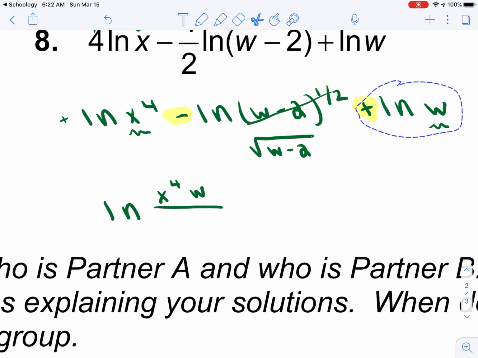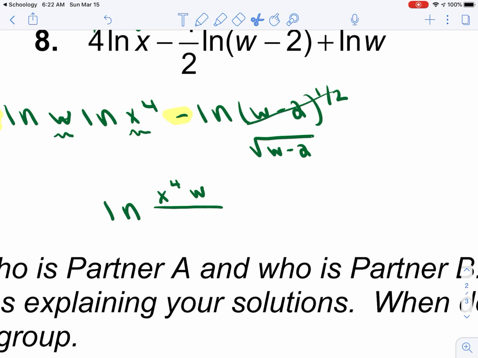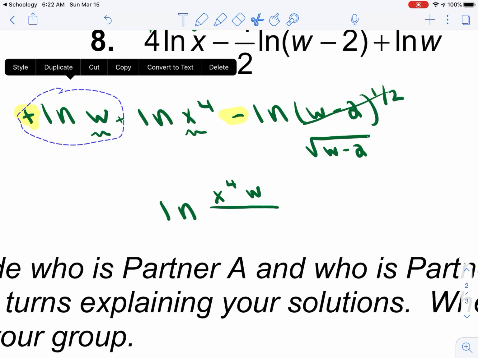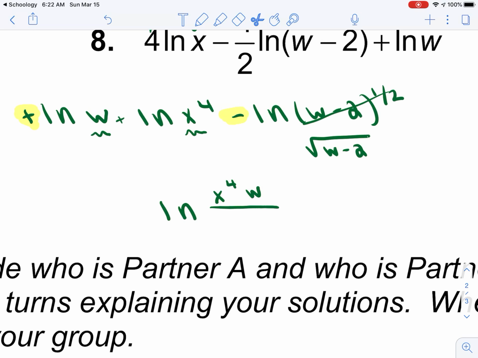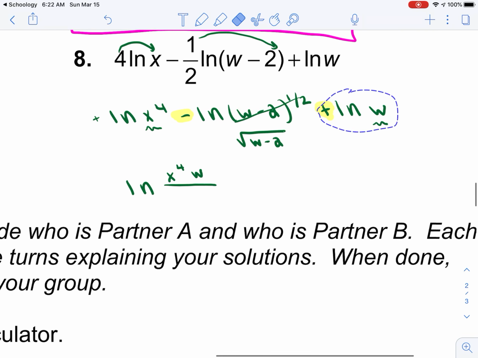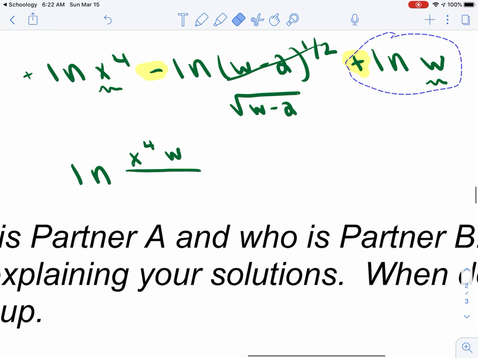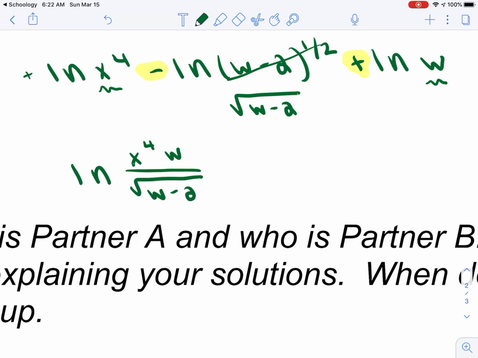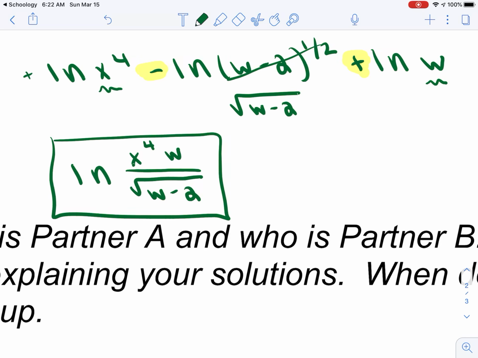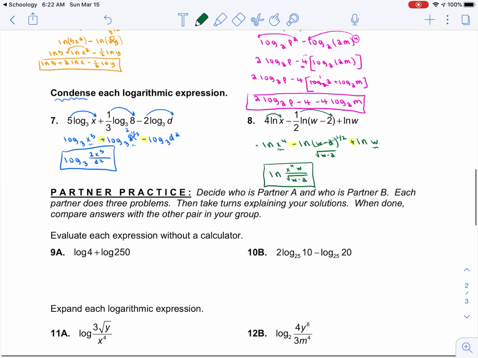I have every right to take this and move it to the front. So really, I can take these two logs and make a product and put that in the numerator of this. Anything that follows the minus sign, you're going to put that into the denominator of your natural log, and then we are done.